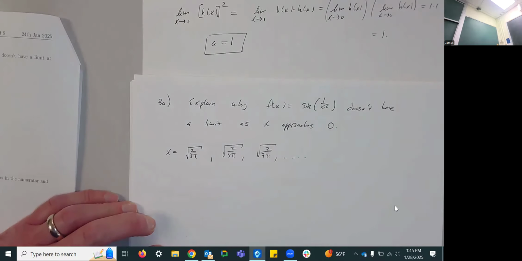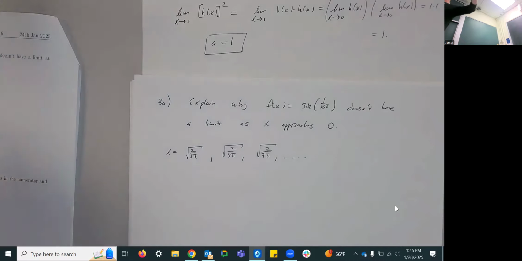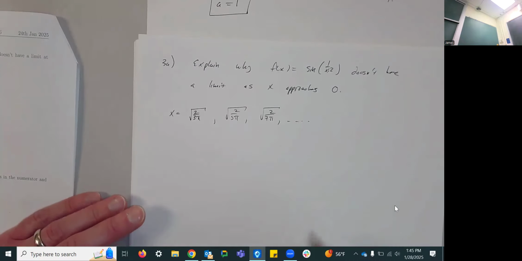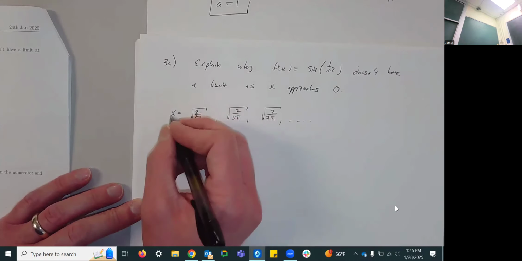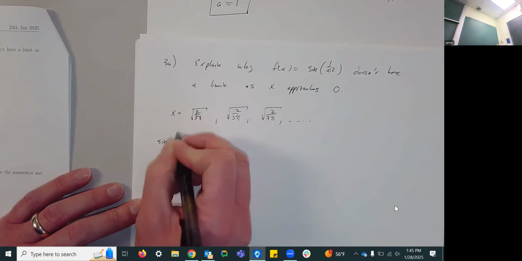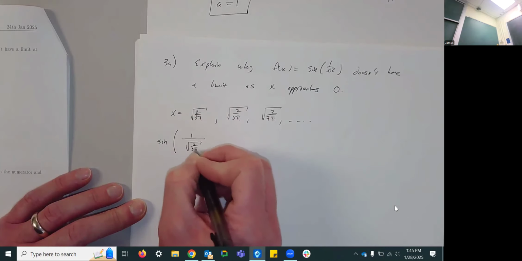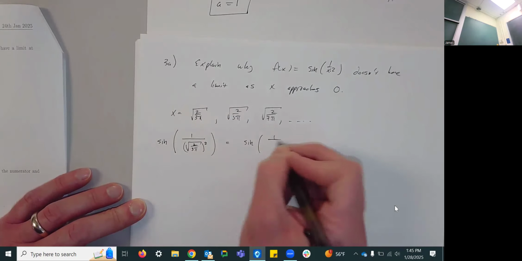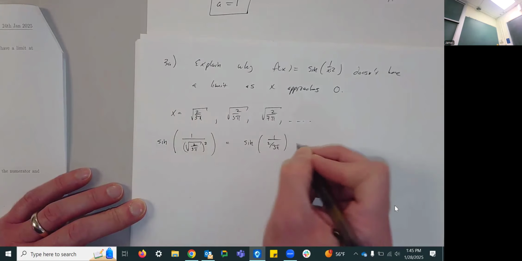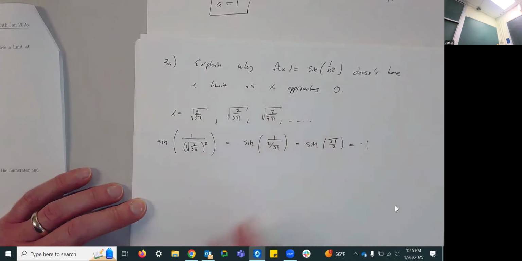Now, I wouldn't expect you to come up with that, but I'm just pointing out that there's an actual reason we can state. So let me finish writing this here first. If you plug this in, sine of 1 over that number squared is sine of 1 over 2 over 3 pi, which is sine of 3 pi over 2, which is -1.